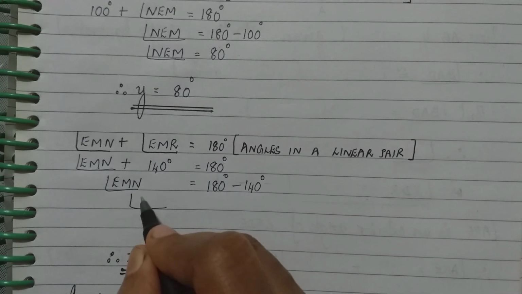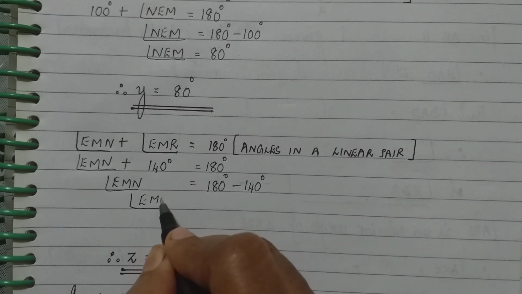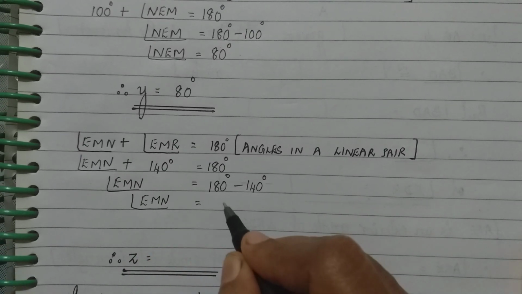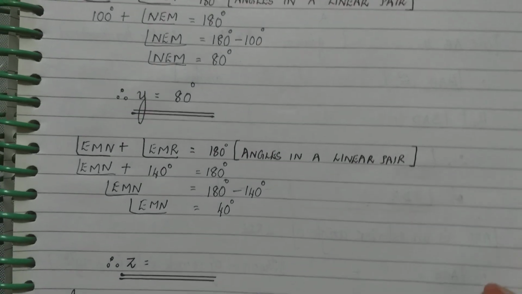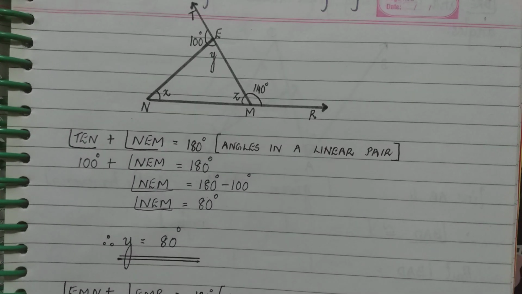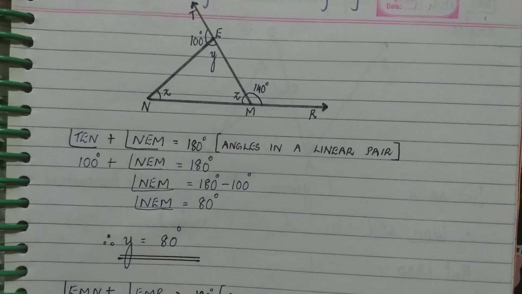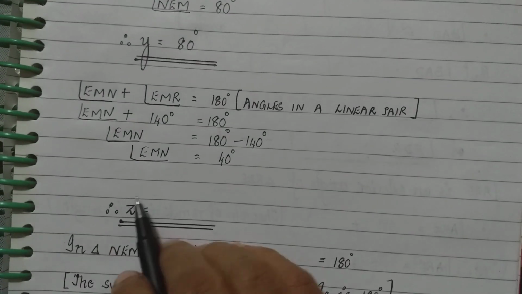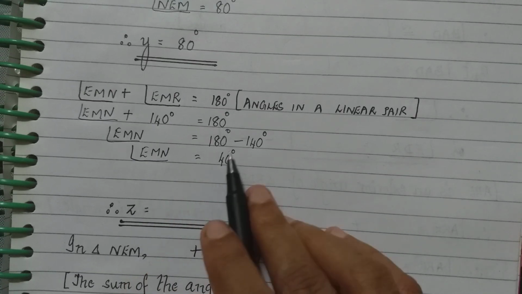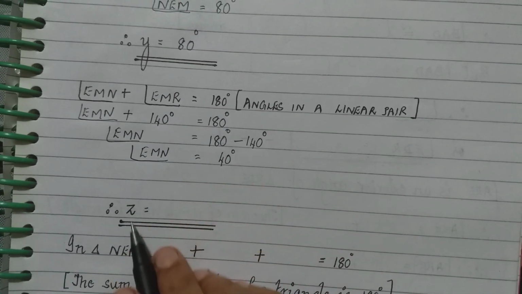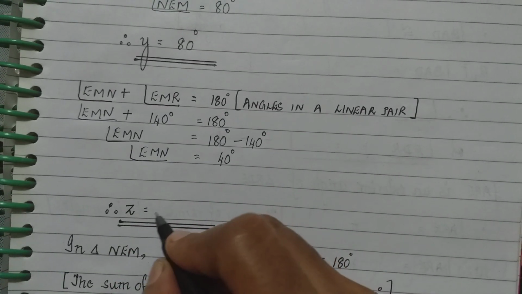Therefore angle EMN is equal to 180 degree minus 140 degree, which is 40 degree. Now let us look at the figure again. Angle EMN is Z here. So therefore I get the value of Z. Angle EMN is 40 degrees and angle EMN is Z. Therefore Z is 40 degrees.